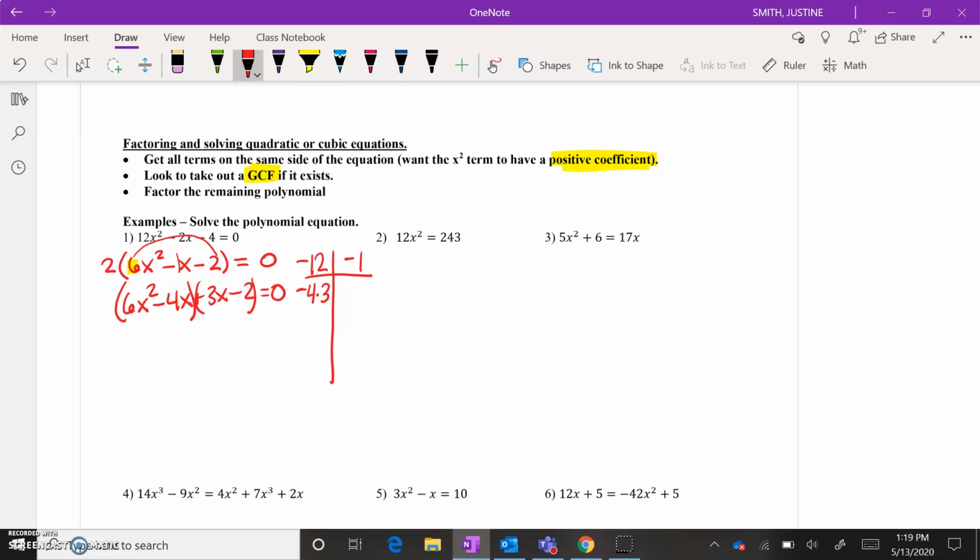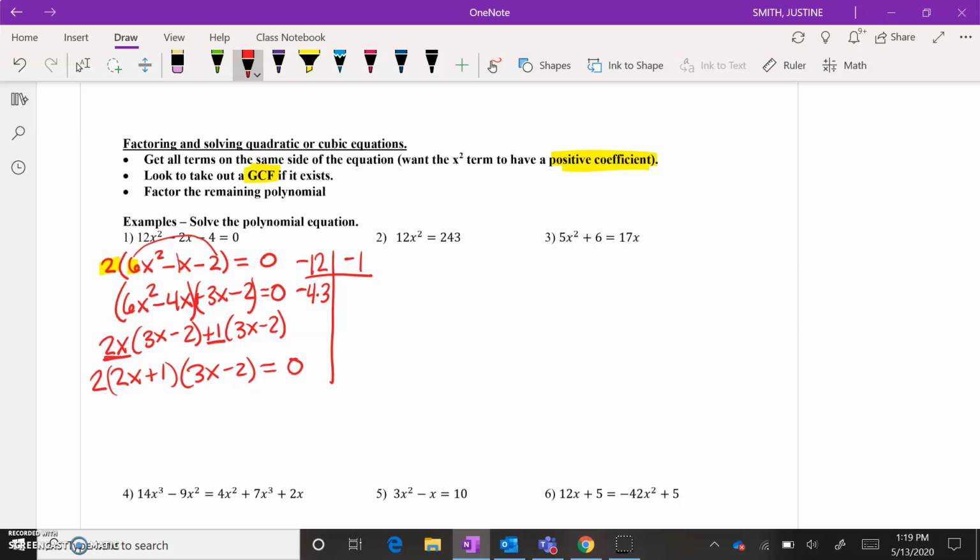And then I'm going to keep factoring here. I'm going to take out a 2x to get 3x minus 2, take out a plus 1 to get 3x minus 2, which gives me 2x plus 1 from what's left outside, and then 3x minus 2, all equal to 0. And then I also have this GCF here of 2.